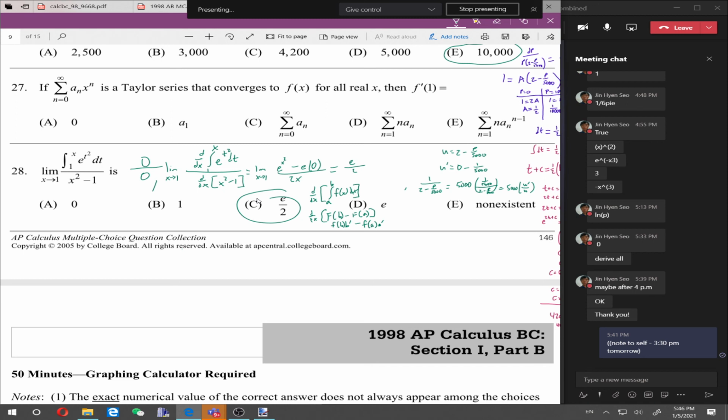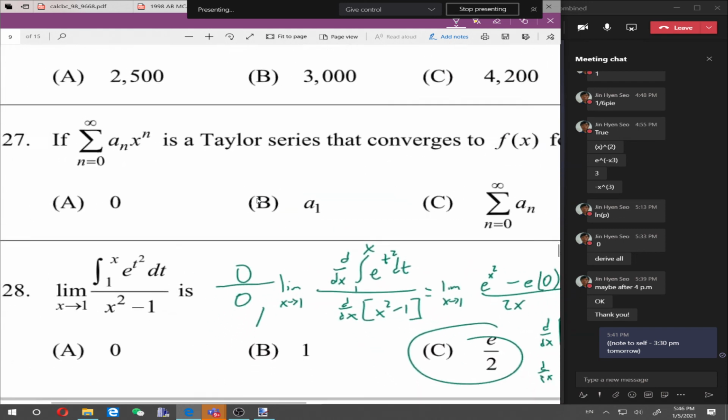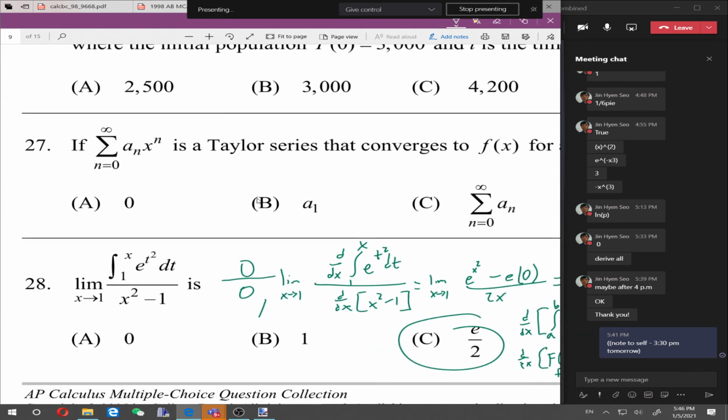The general form, you mean f to the nth power of x, something like that. So right now f of x is equal to this series. Yes.